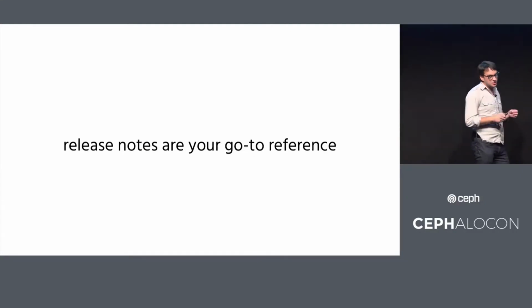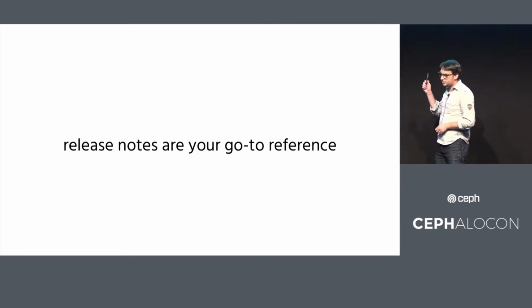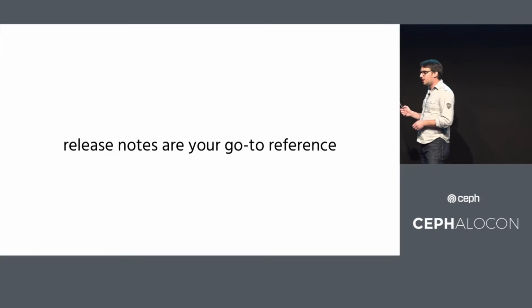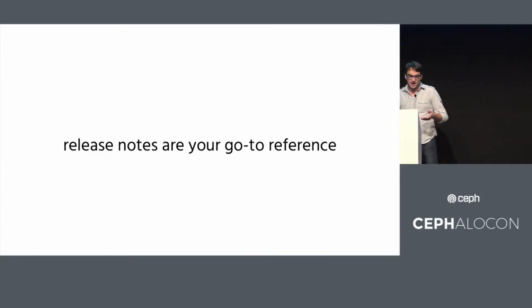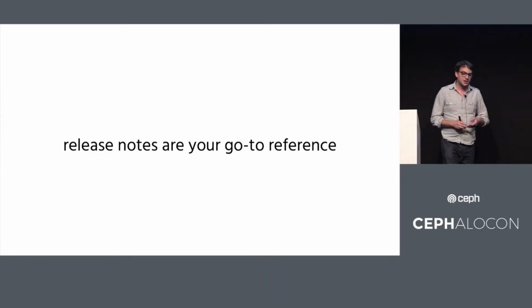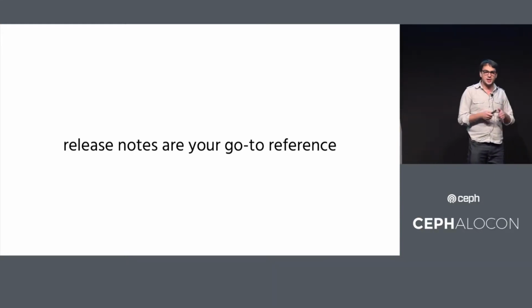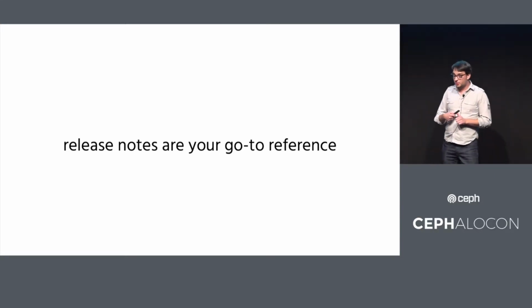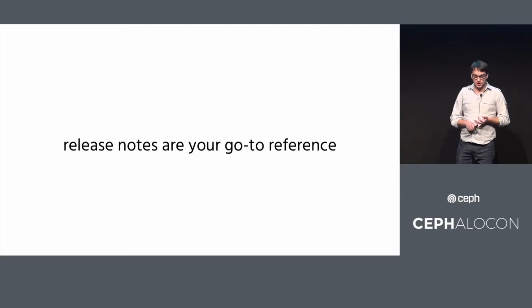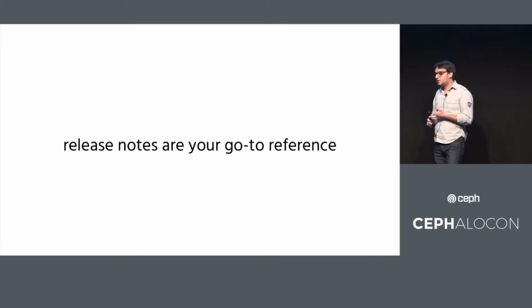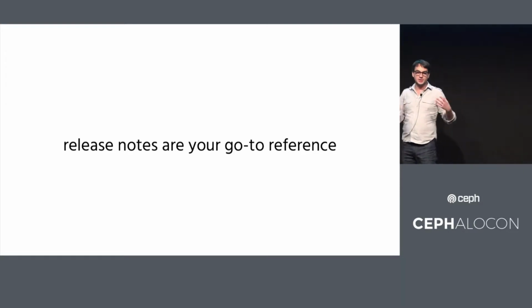There are things to consider, of course. Release notes are your go-to reference. I feel dumb saying that, but it's really important. They list new features, of course, but also bug fixes and behavior changes. There are changes in behavior because every product evolves.